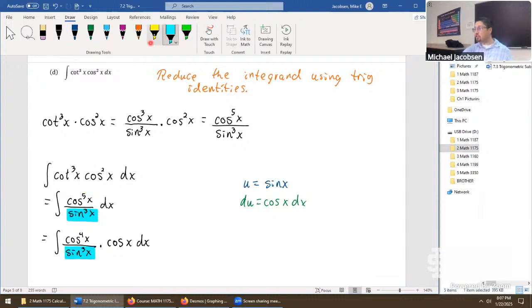So the denominator is going to turn into our u cubed. Cosine x dx, rather, is our du. All we need to figure out is what to do with that. We've seen that strategy before, though. It's the same as before. We take cosine power 4, factor this as cosine squared.